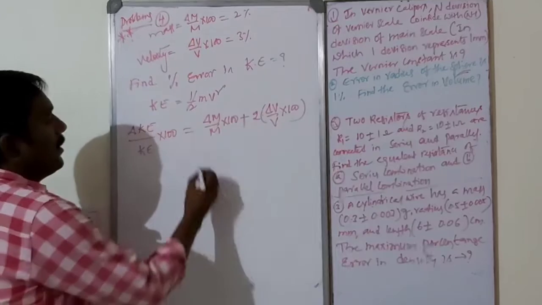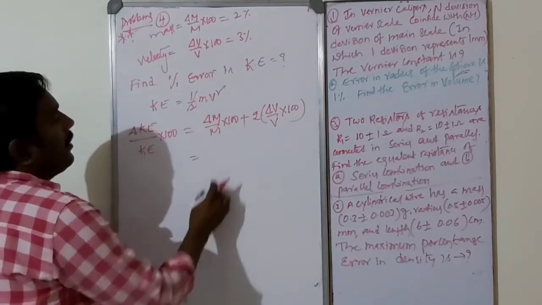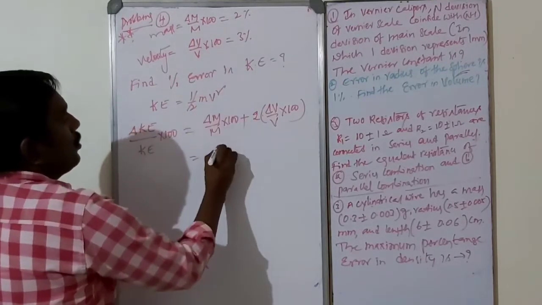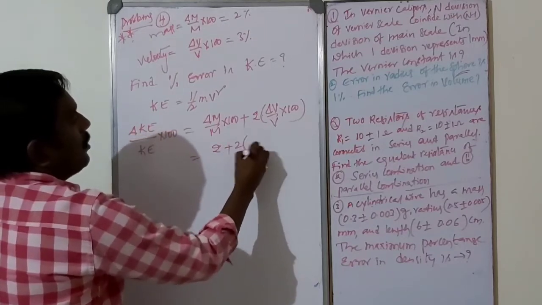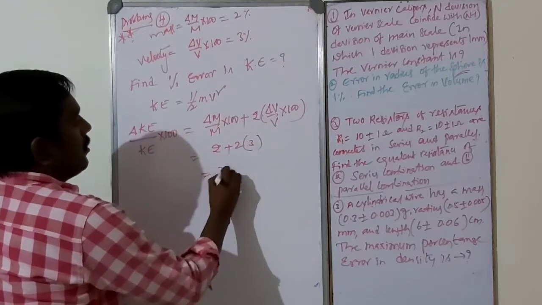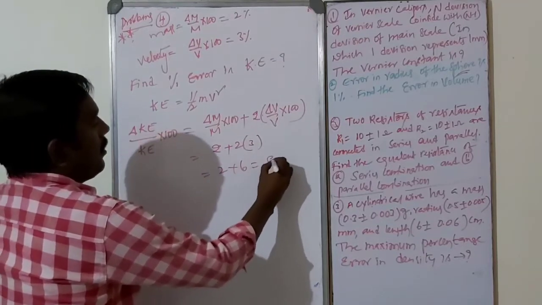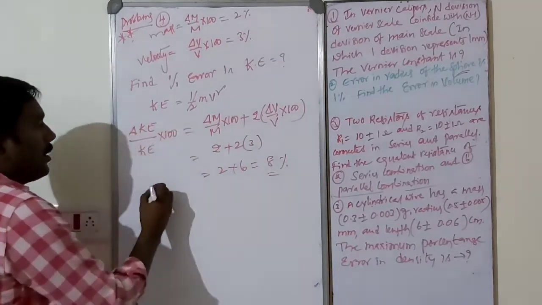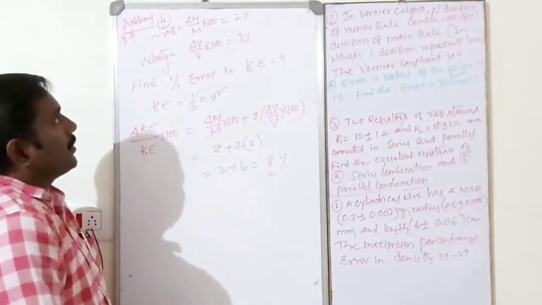So that is 2 plus 2 into 3, that is equal to 2 plus 6, that is equal to 8%. This is percentage error in kinetic energy.